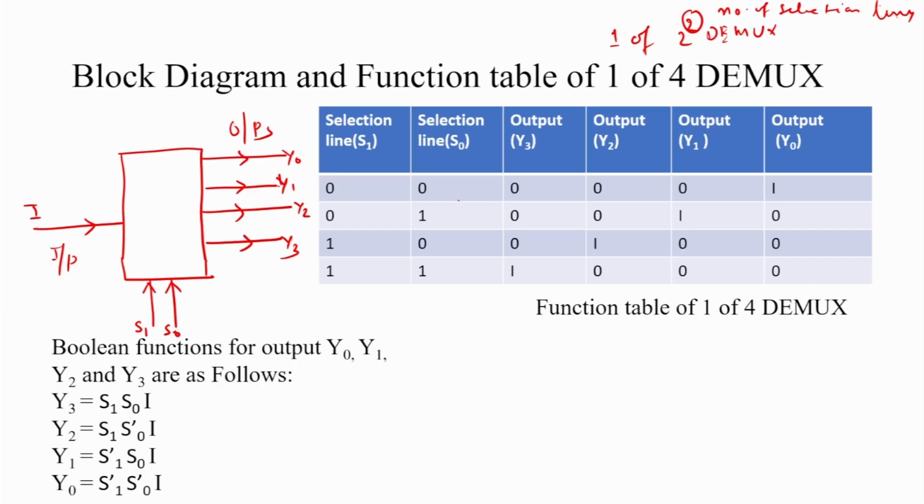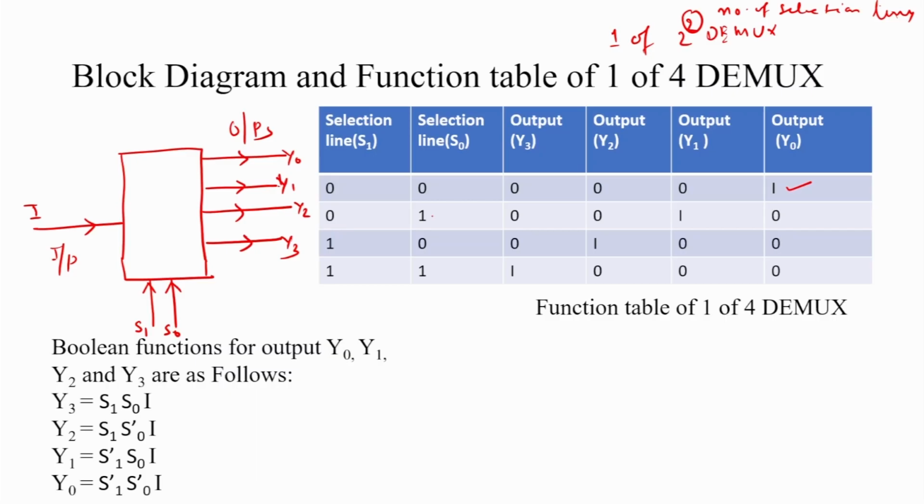When the selection lines are 0, 0, y0 is selected, meaning whatever the value of I is represented at output y0. When I is 0, y0 is 0, when I is 1, y0 is 1, and the rest of the outputs are 0, 0, 0.